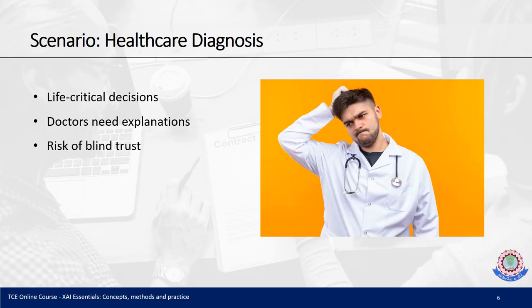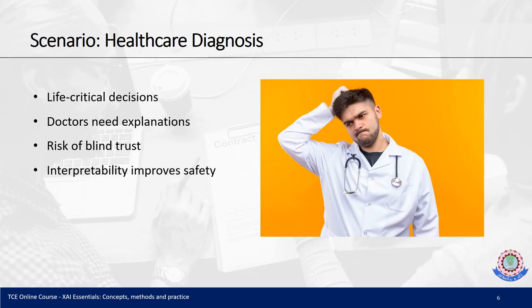Which factor contributed most, like age, cholesterol or lifestyle? If the model cannot explain itself, the doctor may hesitate or blindly trust it. In healthcare, interpretability is critical. Even a slightly less accurate but explainable model can be safer and more useful.